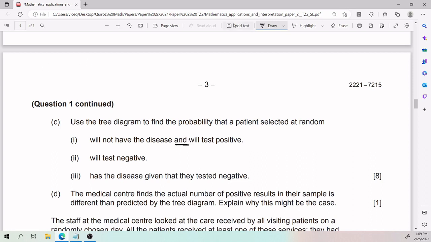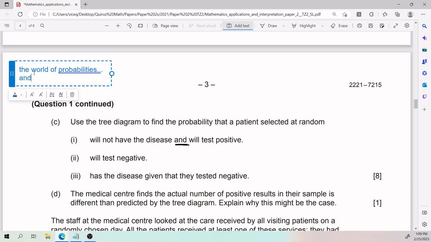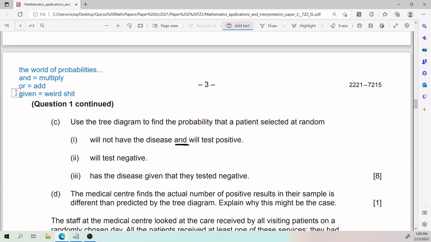Okay? And I'm going to put it in text here. In the world of probabilities, we have that "and" is going to be a sort of multiply, and we have that "or" is going to be a sort of add. Okay? Later on, we have "given", and it's kind of weird, but I'll go over that later. Right? For now, let's focus on "and" and "or".